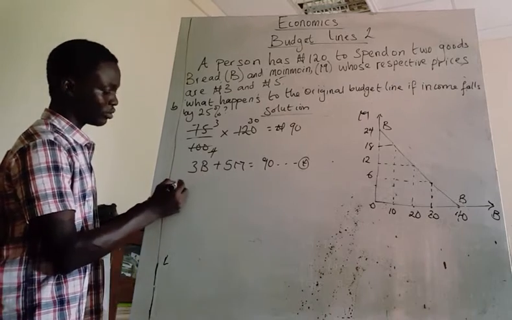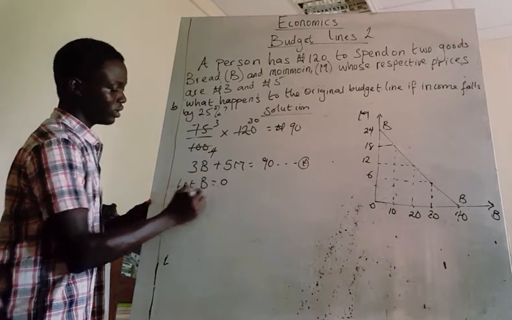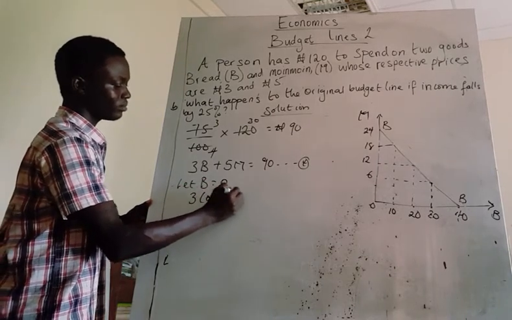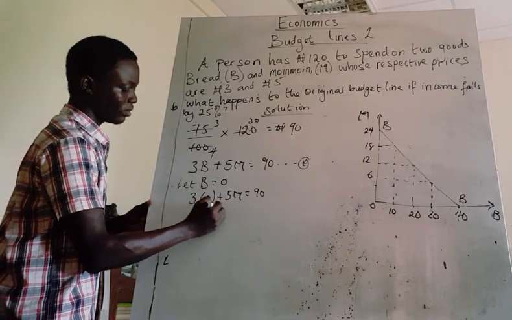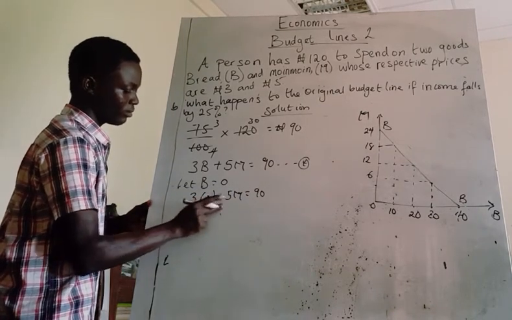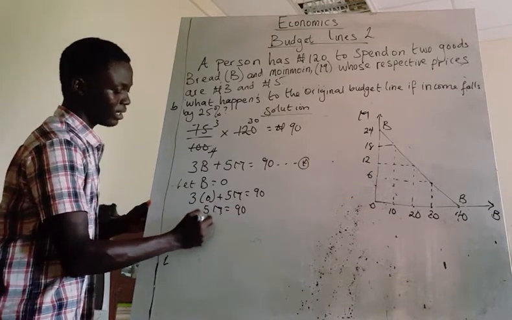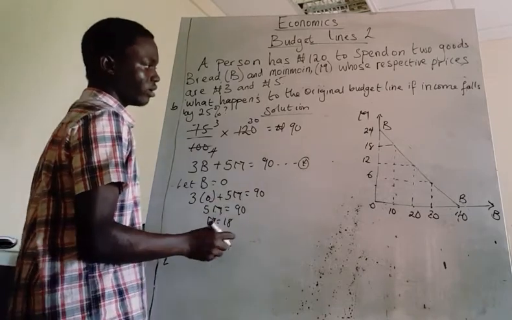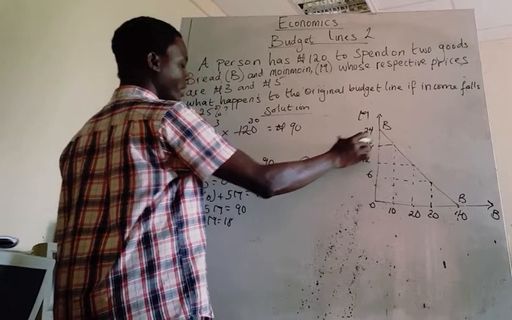We let B equal 0. So we have 3(0) plus 5M equals 90, so 5M equals 90, and M equals 18. So we have 18 of M around this point. This is going to be our vertical intercept.